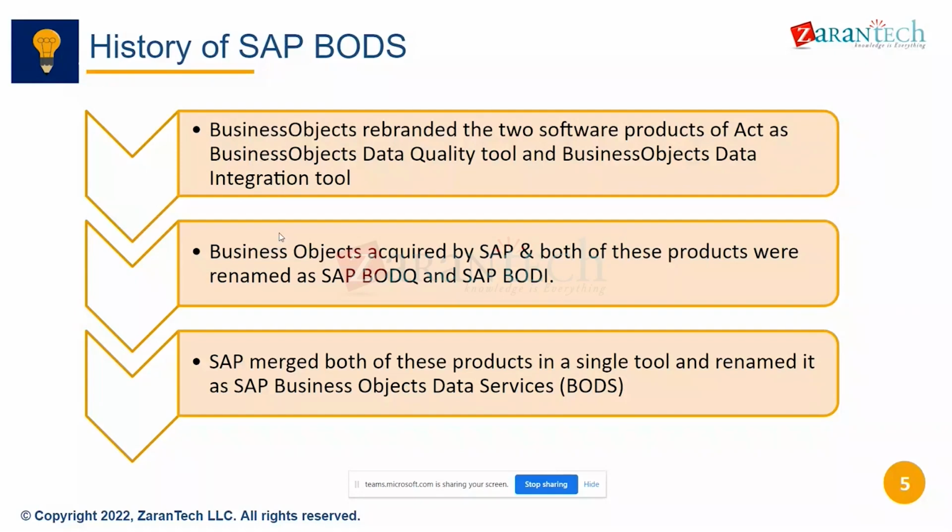Business Objects was acquired by SAP, and both of these products were renamed SAP BODQ, Business Objects Data Quality, and SAP BODI, Business Objects Data Integration. These two tools were combined, and to combine these tools we now have SAP BODS, Business Objects Data Services. This was a little history about SAP BODS.